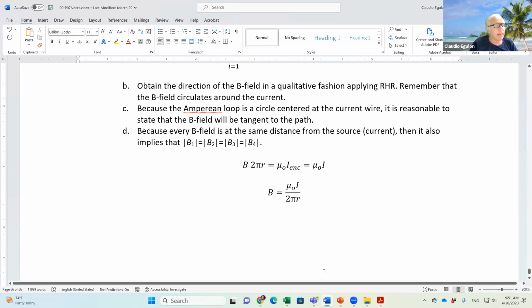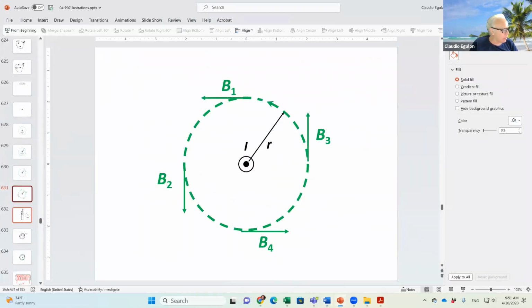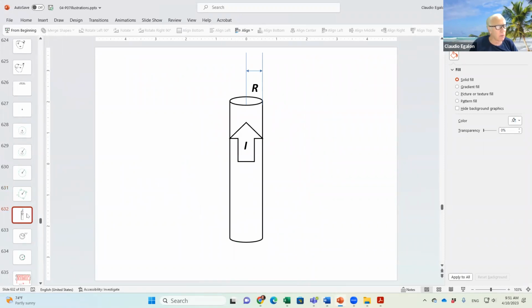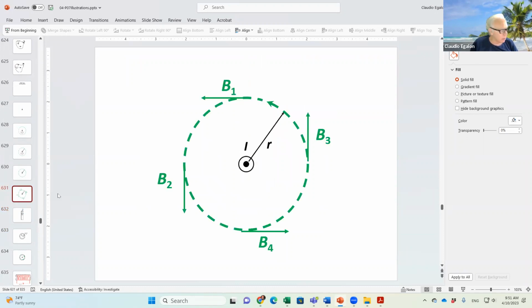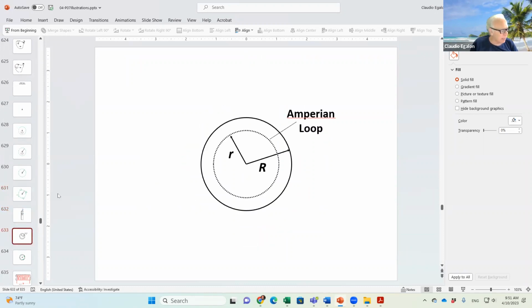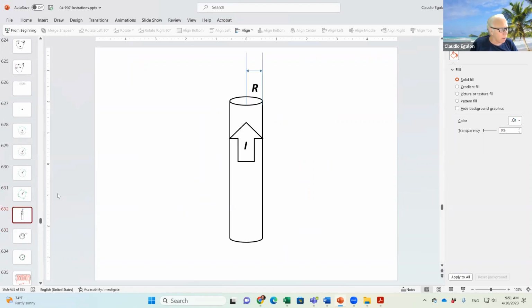Okay, and I want to do one more example. But before we go for another example, let's see which one I'm going to do here. I'm going to do the solenoid. I'm going to skip this one, because it's going to take too much. But it's similar to what we did for the uniformly charged sphere, or the cylinder uniformly charged in its cross section. Okay, similar.